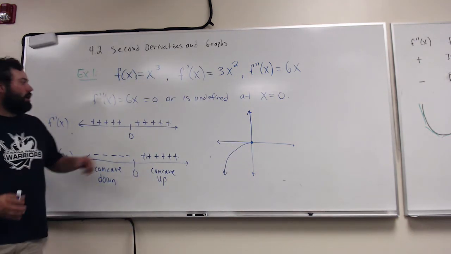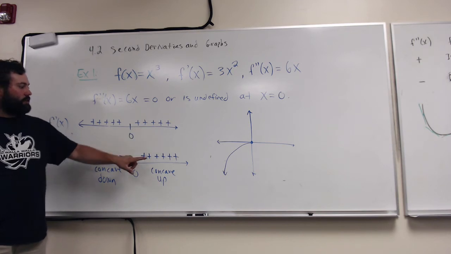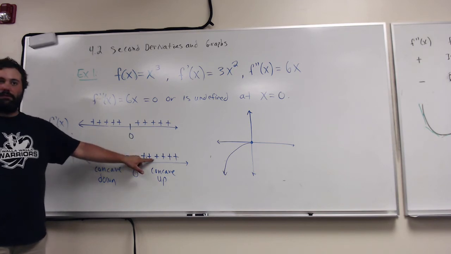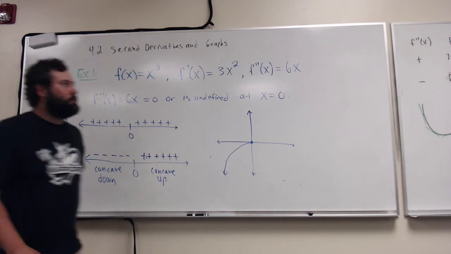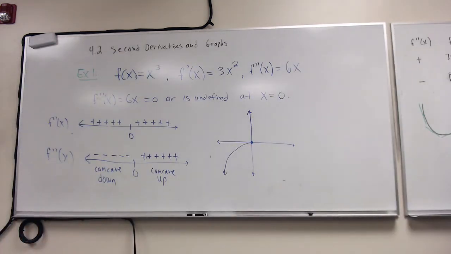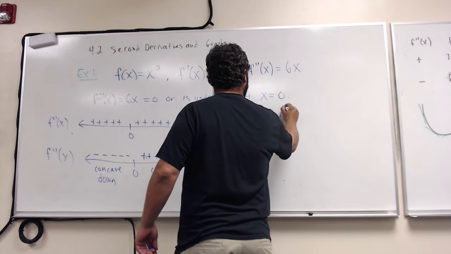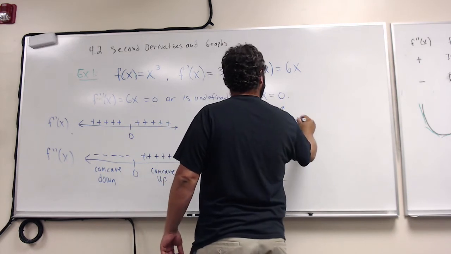And then from there on, the first derivative is increasing. The second derivative tells you you're concave up. So I think we're in this condition right here, right? That's the increasing concave up case. So now to the right of 0, it looks something like that.